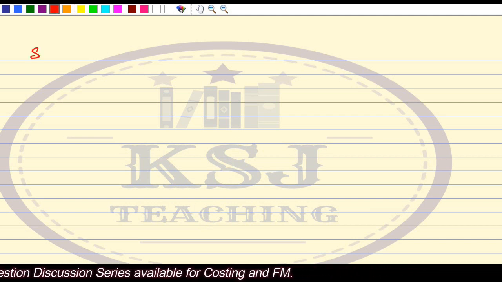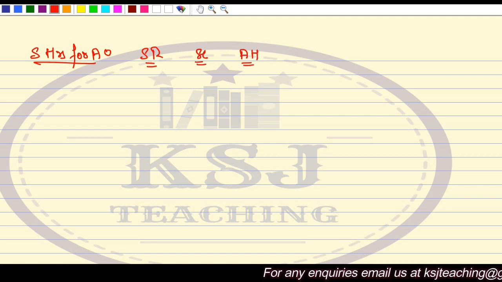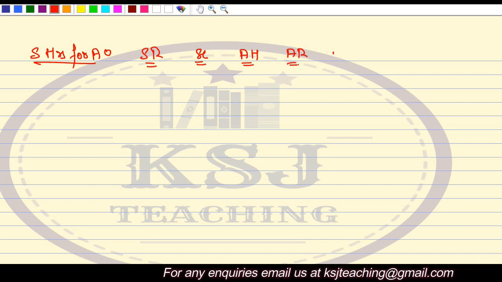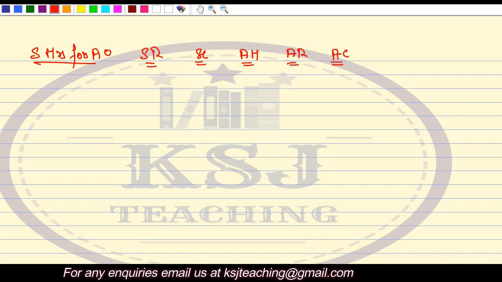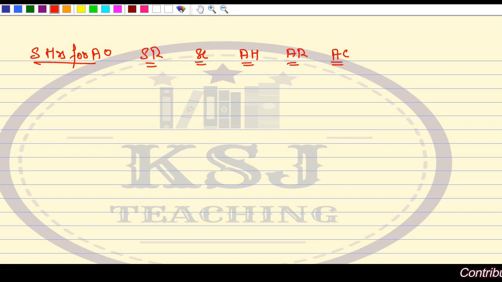We say standard hours for actual output, standard rate we calculate, then standard cost. Then we say actual hours, actual rate, and actual cost. This is what we have studied, whether we are talking about the material variances or the labor variances, or in the last lecture in variable overhead variances also, we studied like this, right?